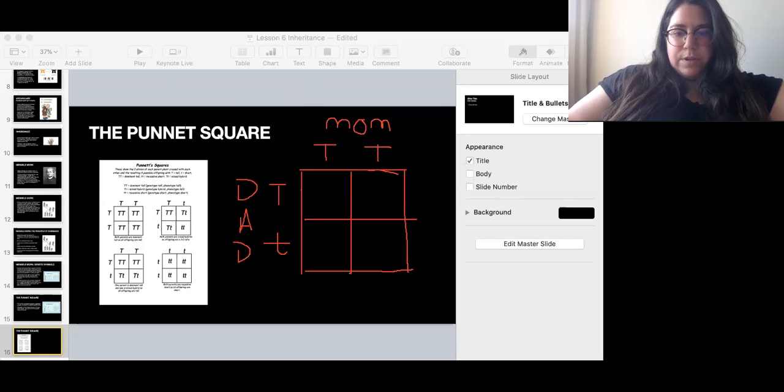When we do this Punnett square, we mix these together. TT, all big, and this one big and small, because I'm putting this together and this together in this square.